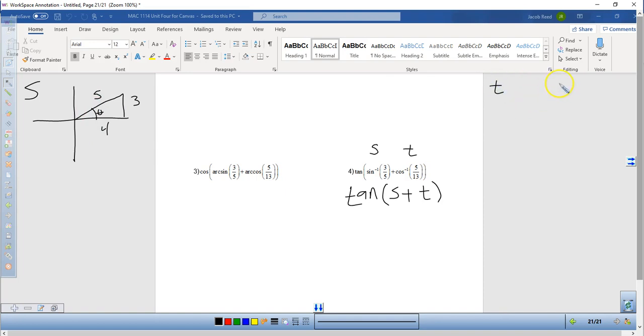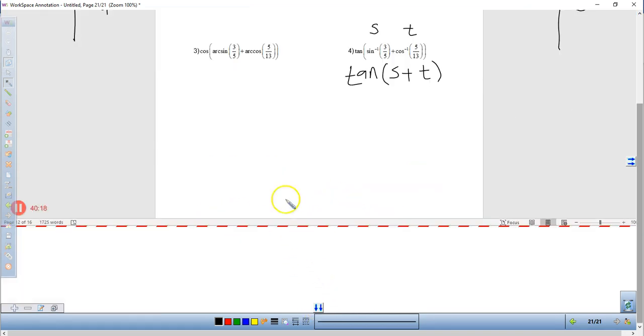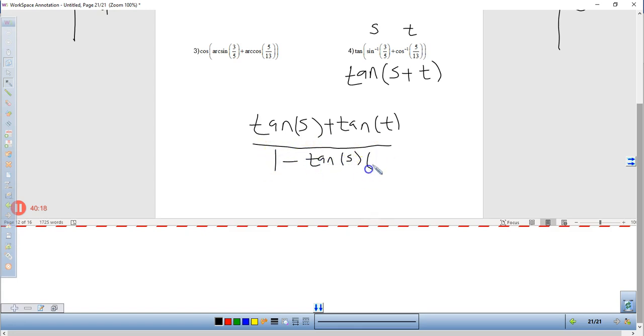And the t graph, where we've got 5, 13, which makes this one a 12. All right, and tangent of s plus t, I'm going to make us some room, is tangent of s plus tangent of t divided by 1 minus tangent of s tangent of t.